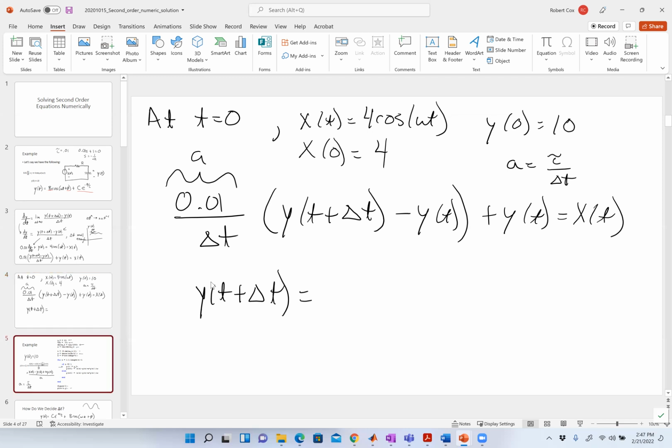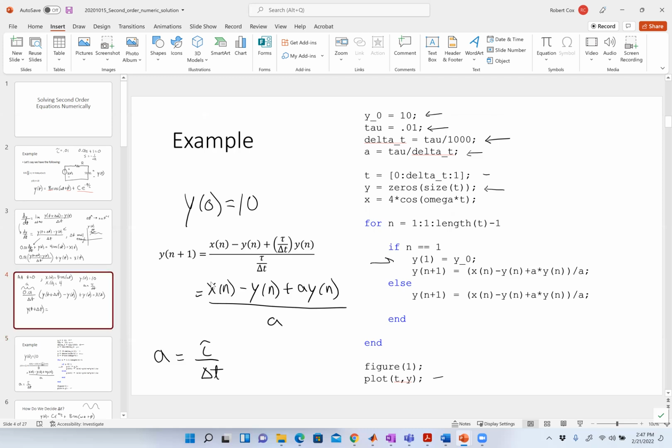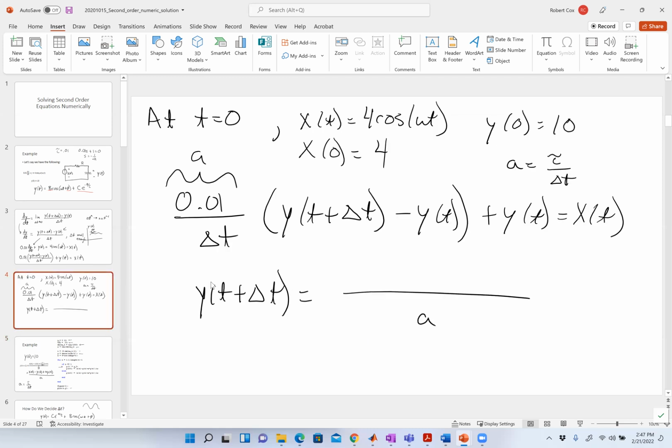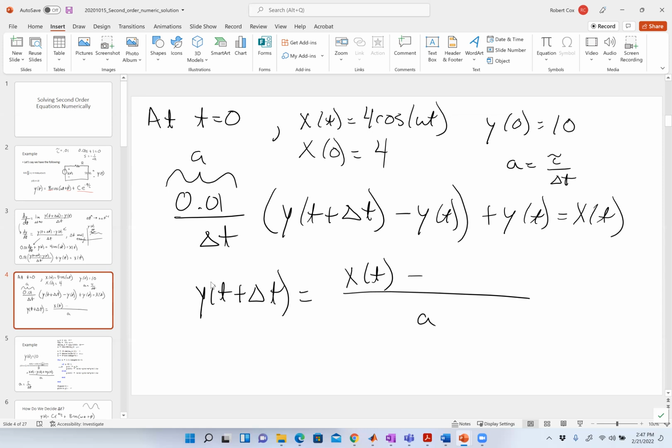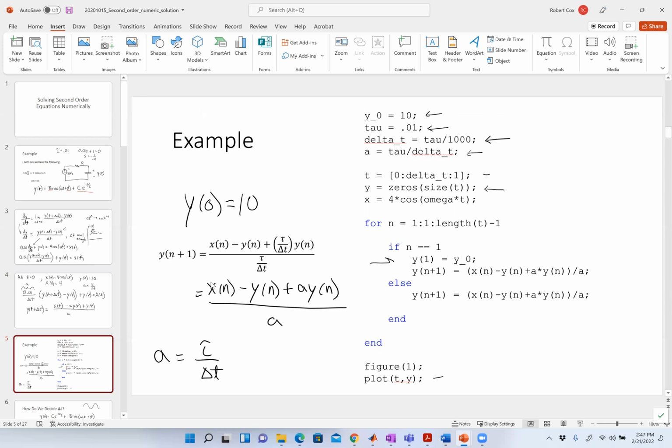If I rearrange this whole thing, it simply becomes x of t minus a times y of t plus y of t, like that. Is that right?